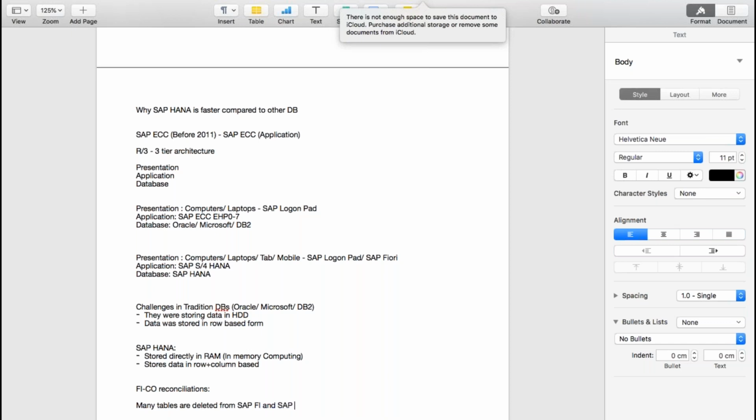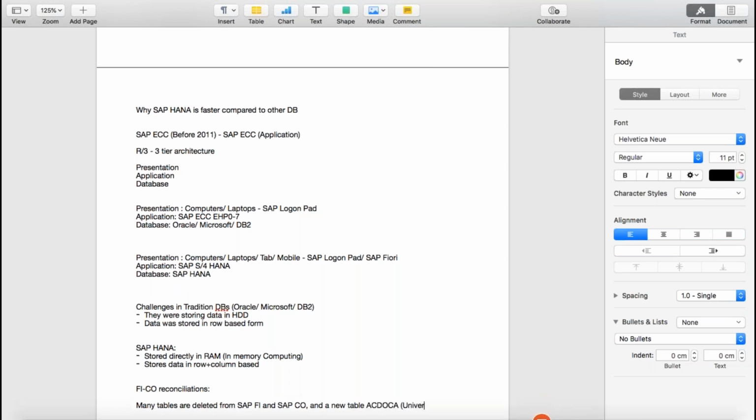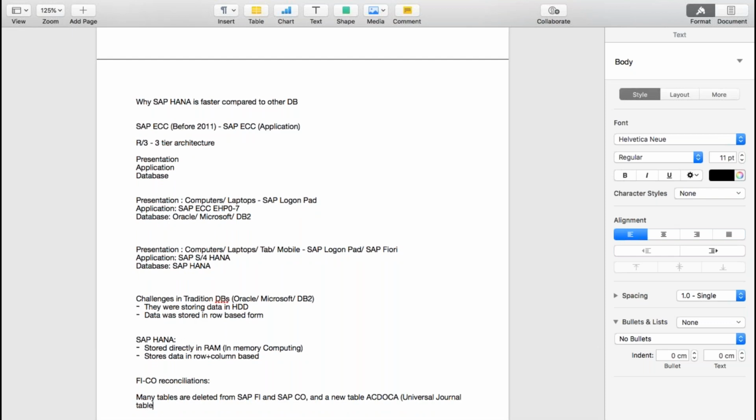I'm concentrating only on SAP FI and CO, but this doesn't mean that tables are only deleted from FI and CO. Tables are also deleted from the logistics module. So many tables are deleted from FI and CO, and a new table, ACDOCA, which is also called the Universal Journal Table, is introduced.